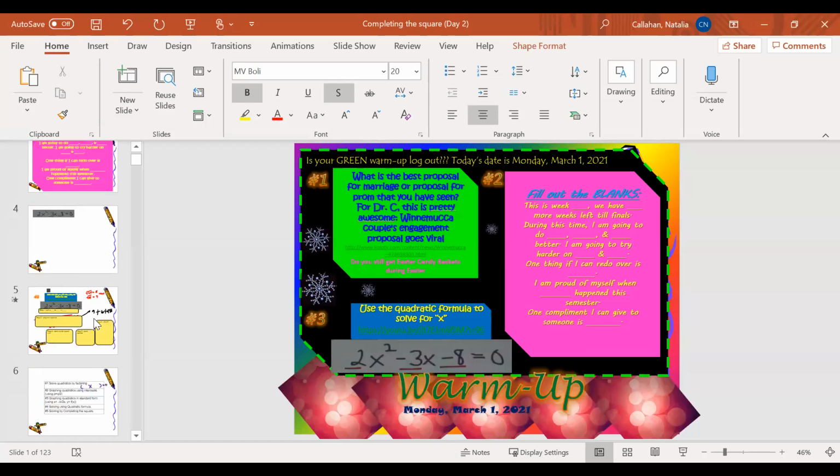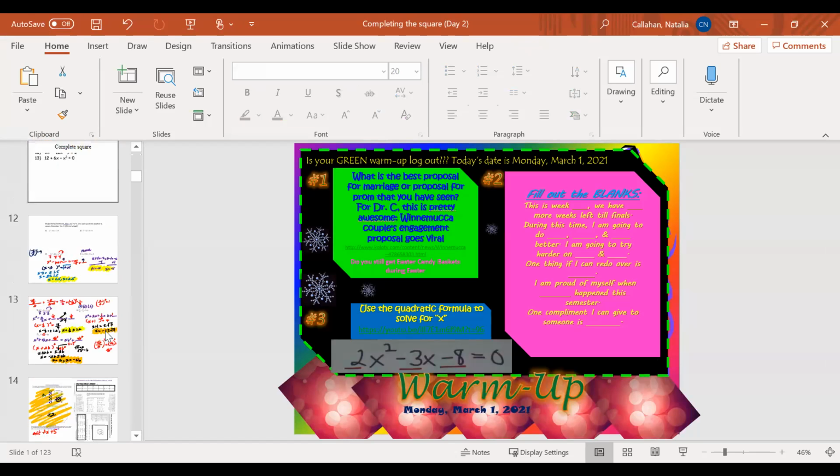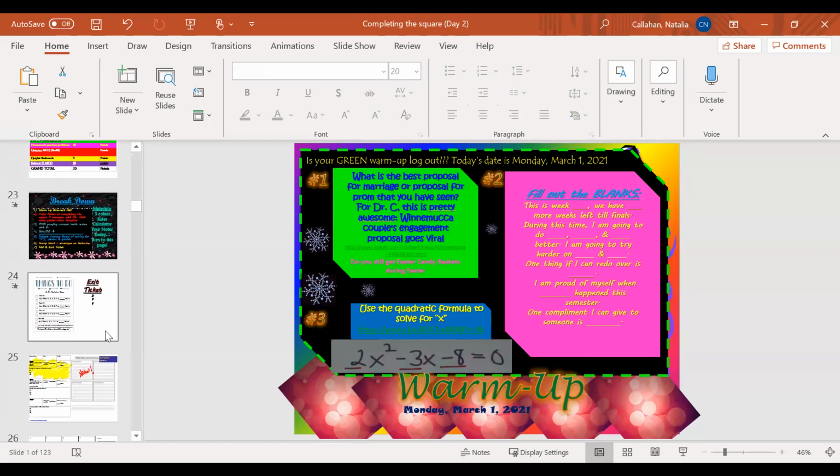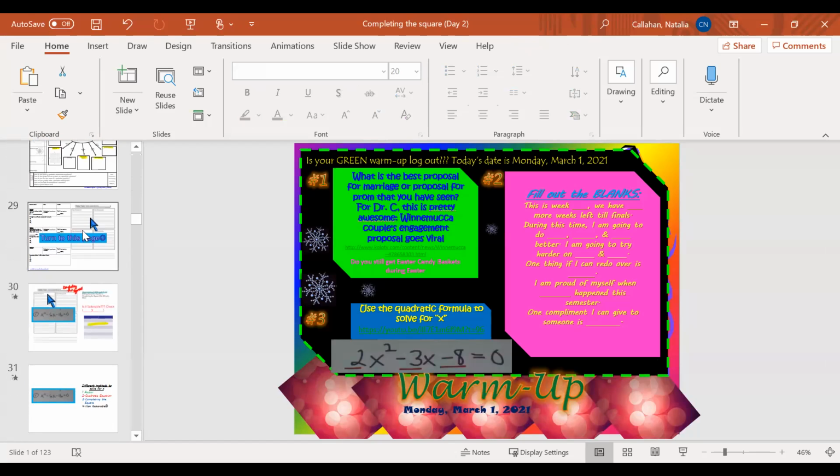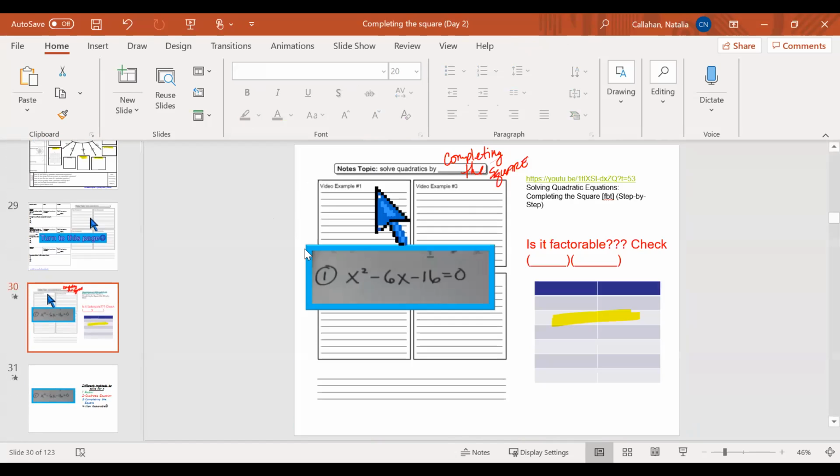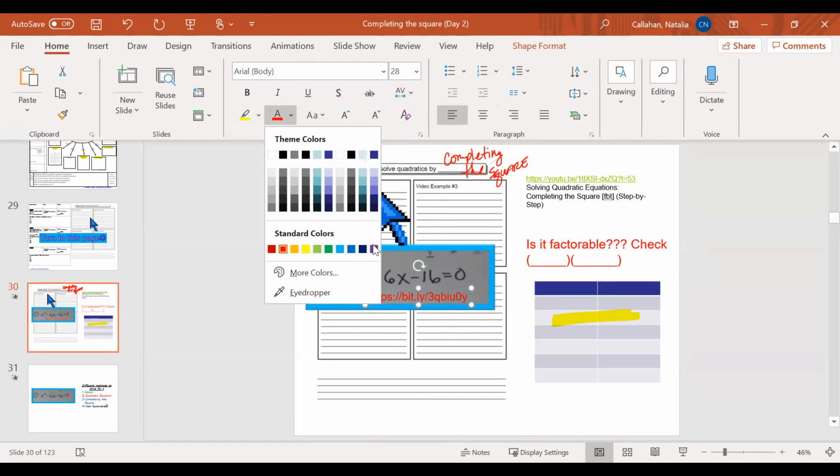So if you are at home and you have internet access, I would like you guys to go ahead and type the following in. And I'm actually going to move this over a little bit. Let's make this a little bit bigger. Change the color. Let me get a little bit darker.